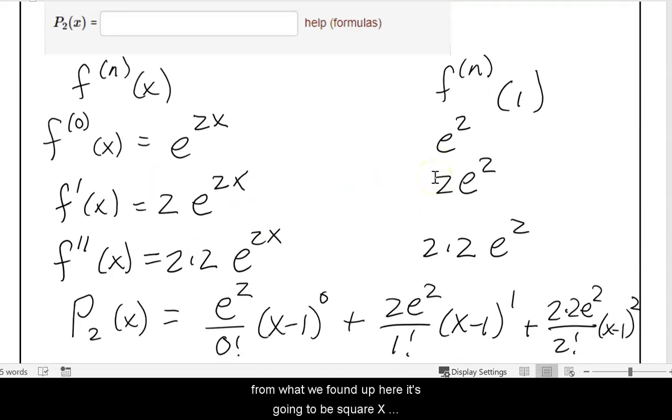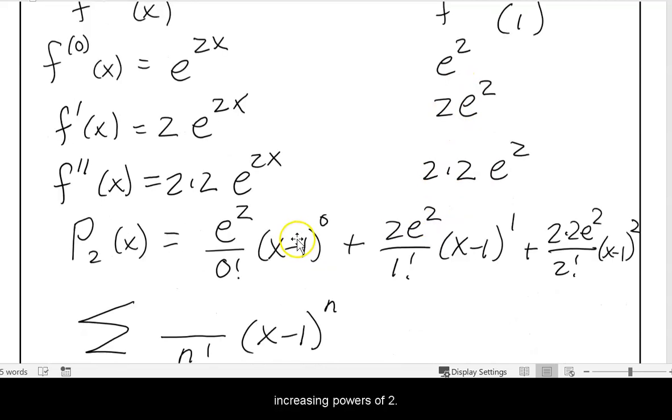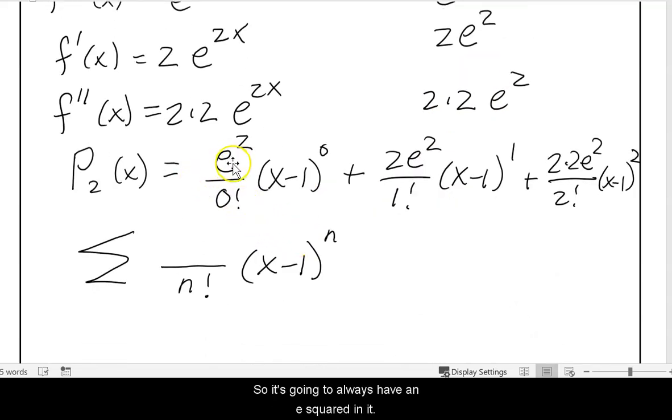And from what we found up here, it's going to be e squared times increasing powers of 2. So it's going to always have an e squared in it. The first one does not have a power of 2, but the second one does, and the third one does. So notice that the number of 2's you have is 1 less than this power, which is the value of n.